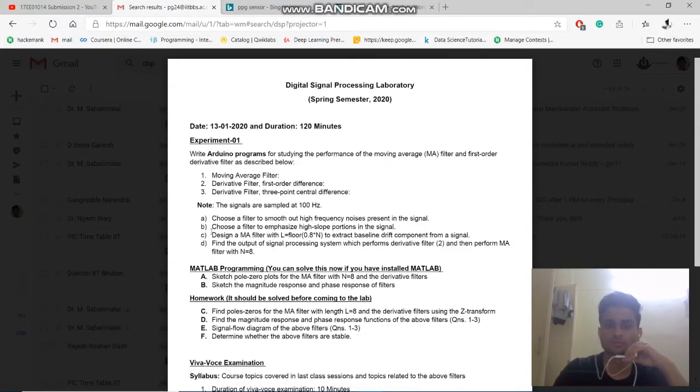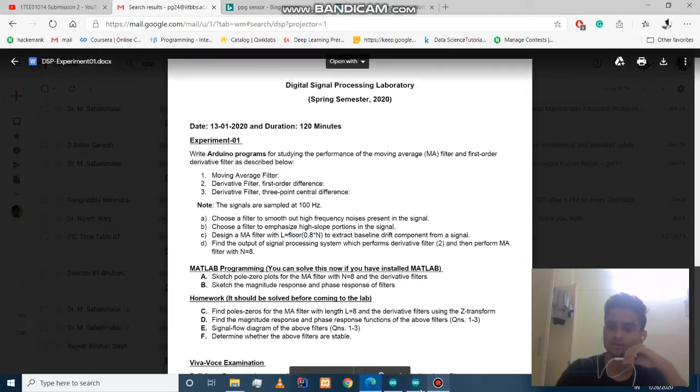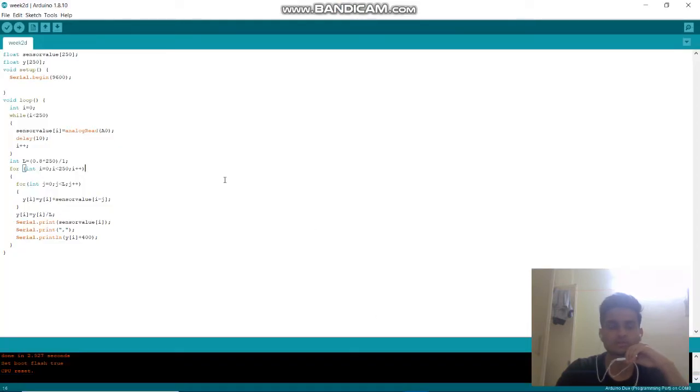For the third part, we have to design a moving average filter whose length will depend on n. That is, L will be equal to 0.8 times n. This will extract the baseline drift component from the signal. So this is our code implementing this filter.